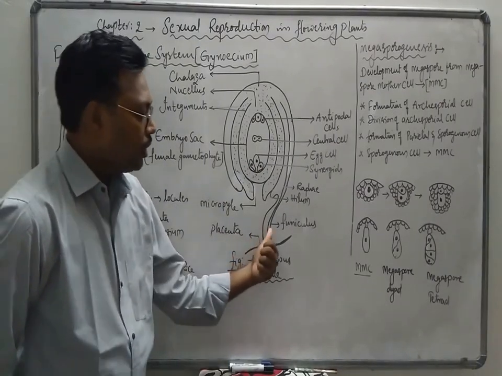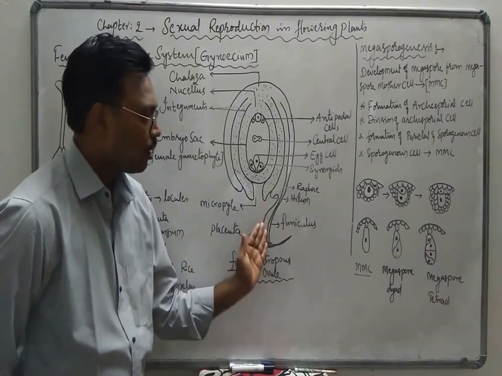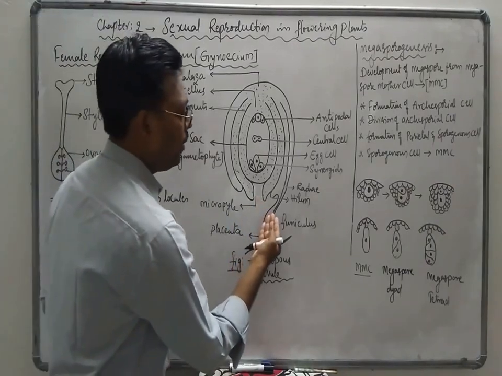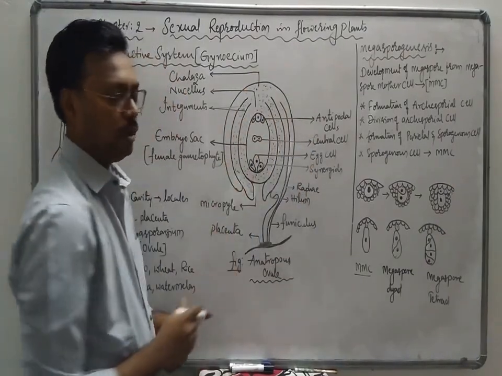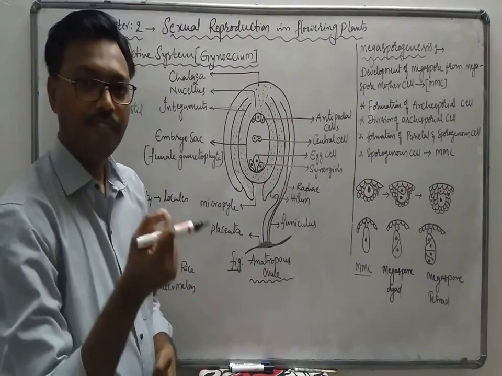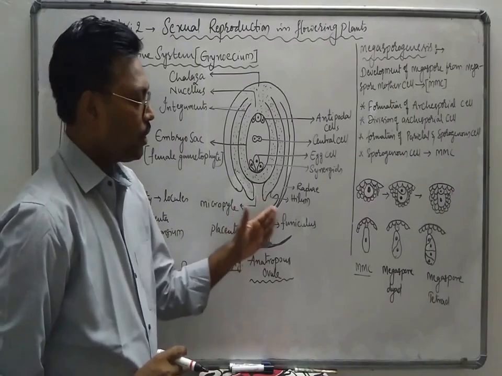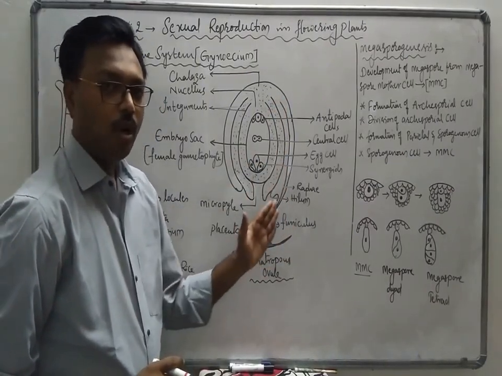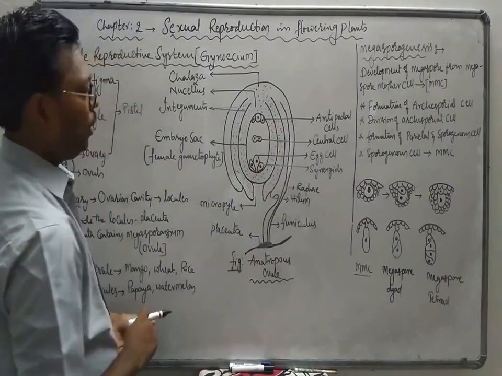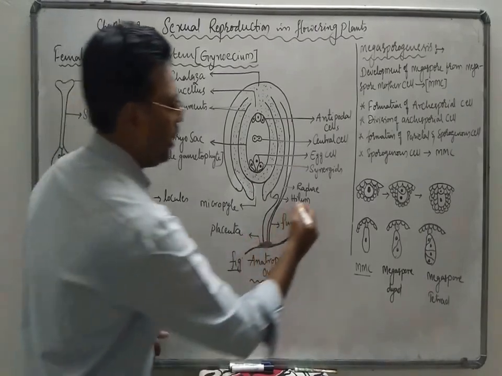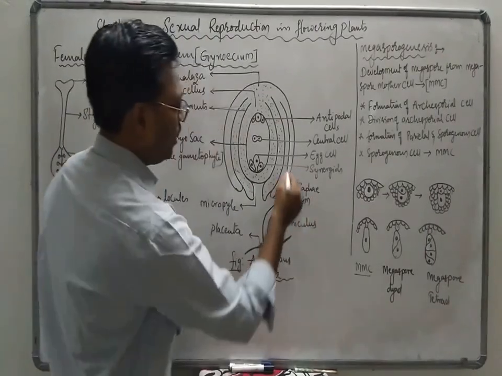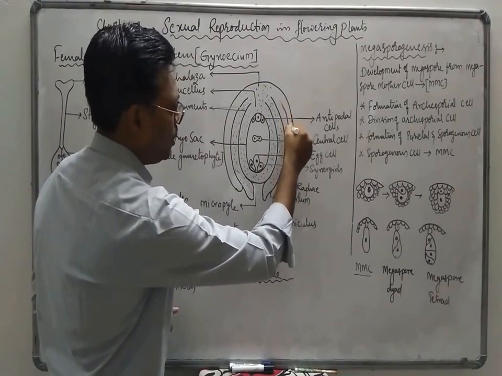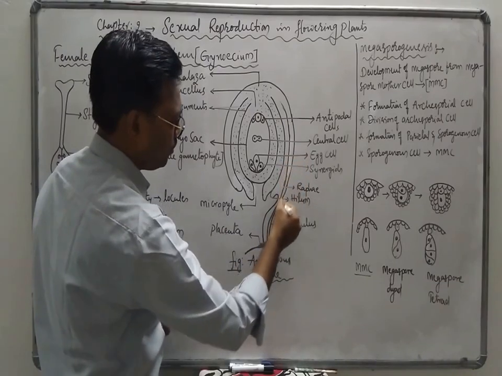Now this funiculus extends into the body of the ovule in the form of a sort of ridge. The extension of the funiculus into the body of the ovule as a ridge is called the raphe. Here it is given as raphe. This inner line is the extension of the funiculus.